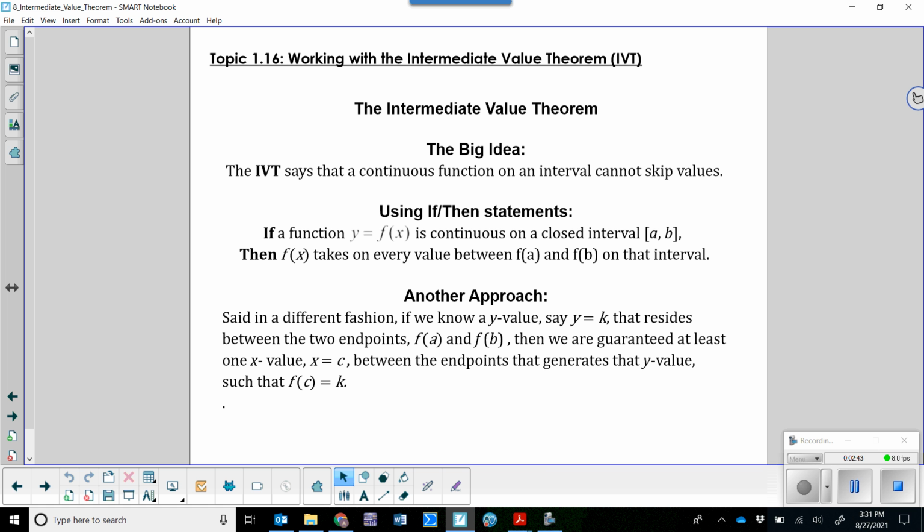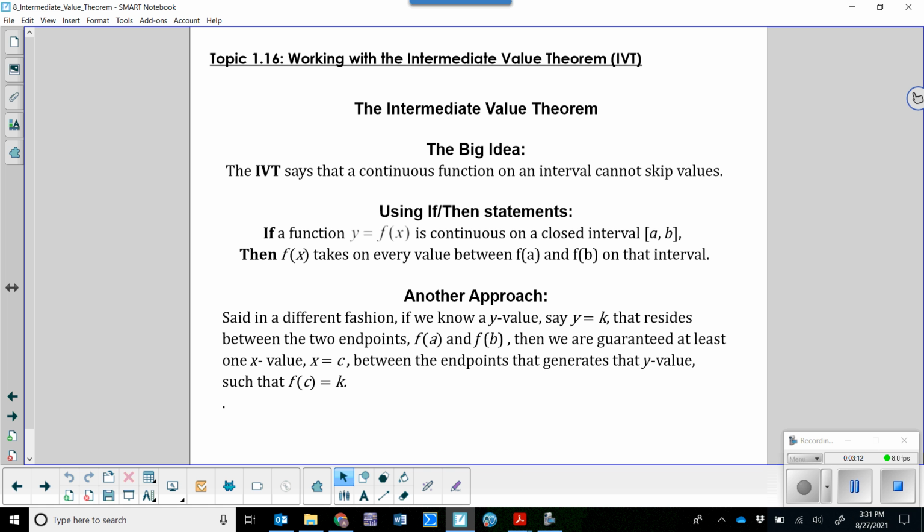But in real life, we need to understand what theorems are, how they work, and why we would use them. Basically, the intermediate value theorem just says if it's continuous, it can't skip any values. If there's a y value of 2 and a y value of 5 and the function's continuous, it's got to have all the values in between 2 and 5. It can't skip anything. That's the main idea there.